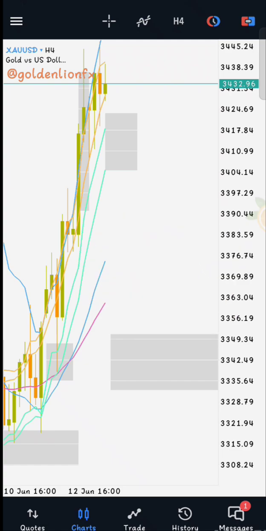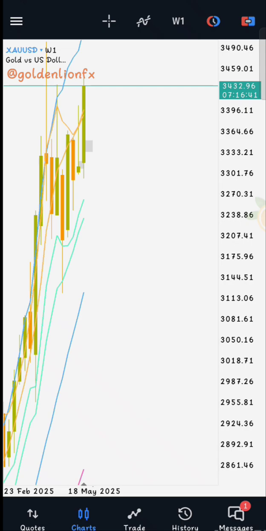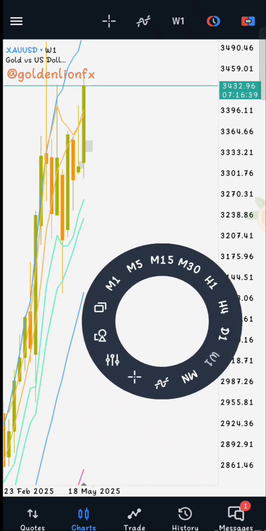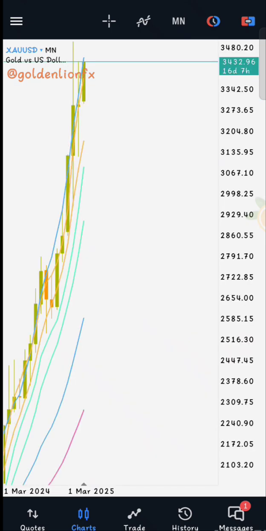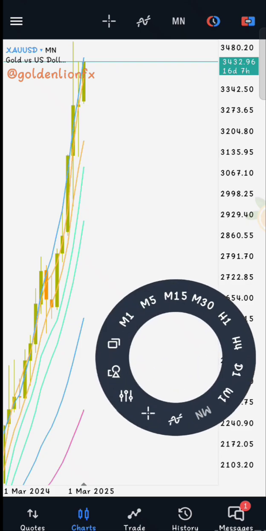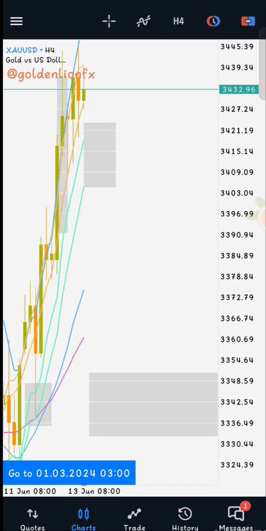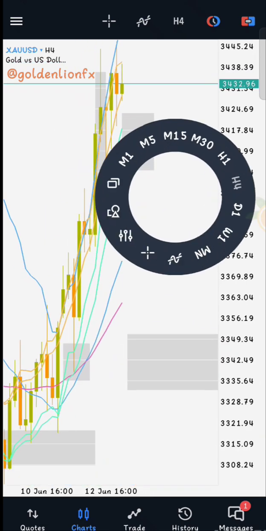Just jump one time frame higher and it tells you the trend. What is happening in H4 tells you that. Then the daily time frame tells us the trend we should expect in monthly. Just go one time frame up, and you get to tell the trend in that time frame. So that is basically what we should expect in the coming week.